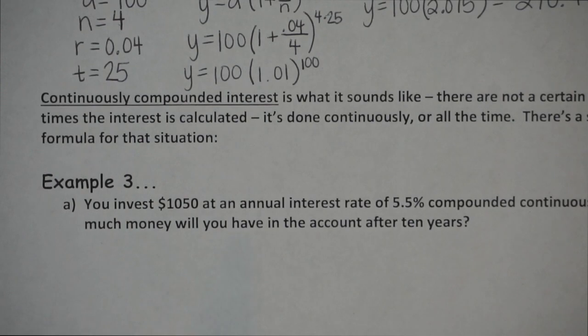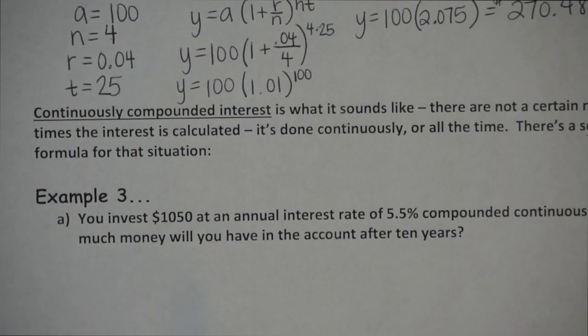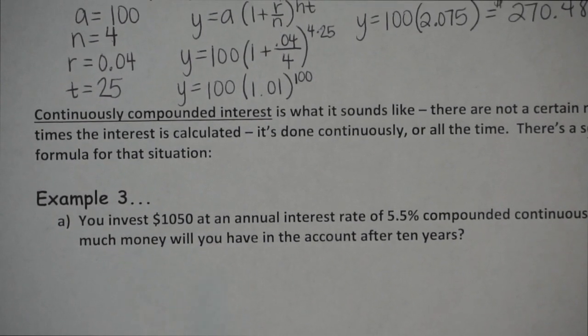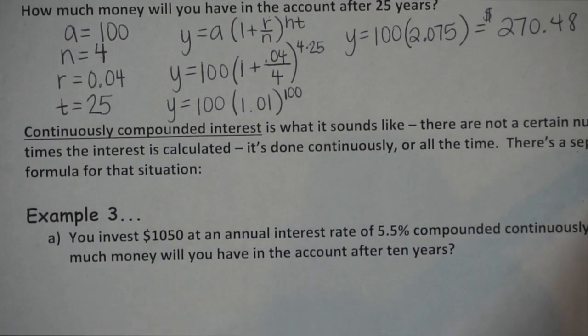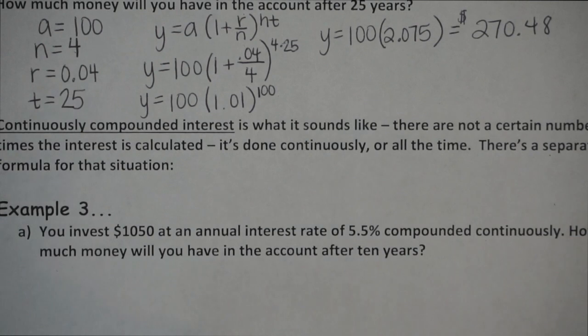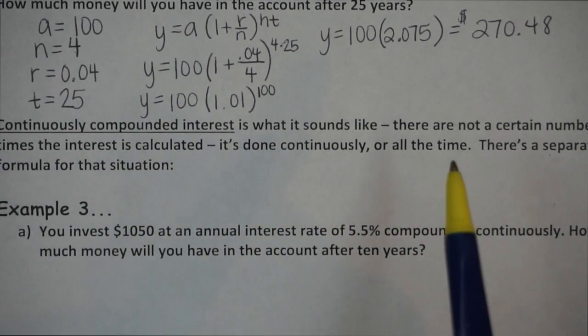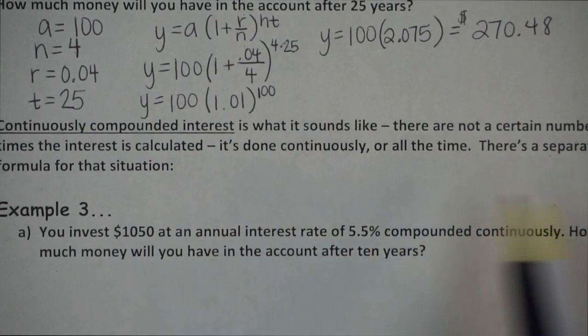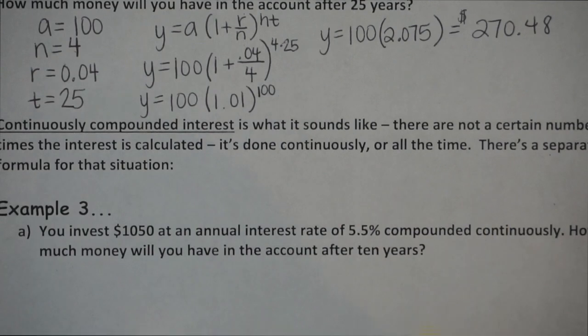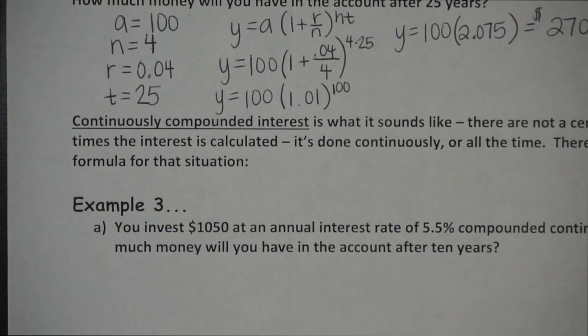All right, so the last type we're going to look at is continuously compounded interest. So this is what it sounds like. There is not a certain number of times that the interest is calculated per year. It's done continuously, or all the time. And so there's a different formula that we use for this kind of situation.